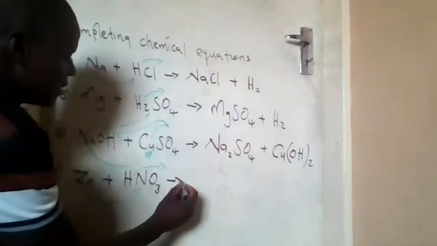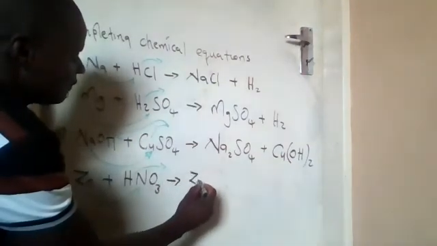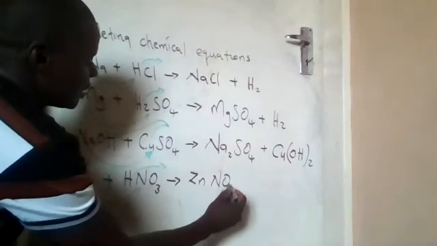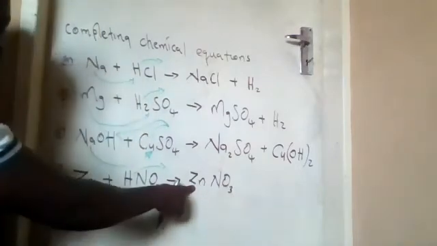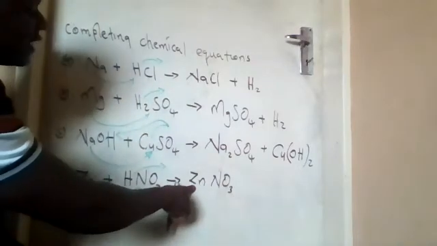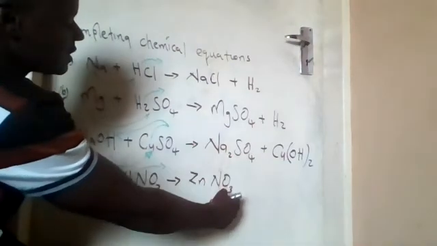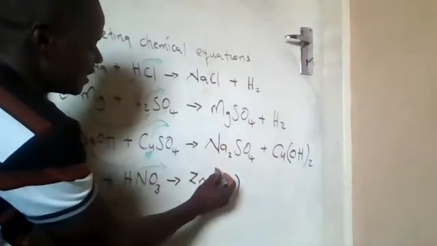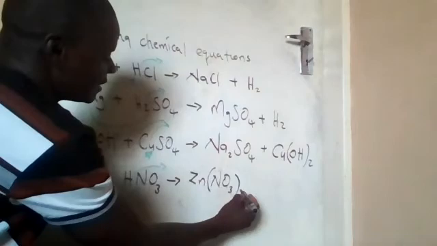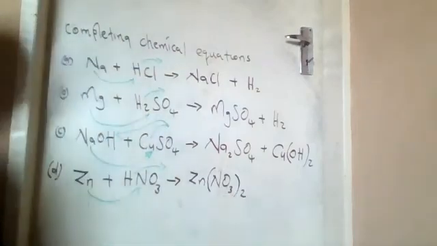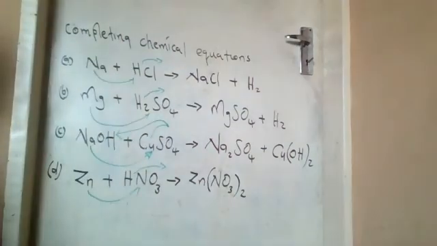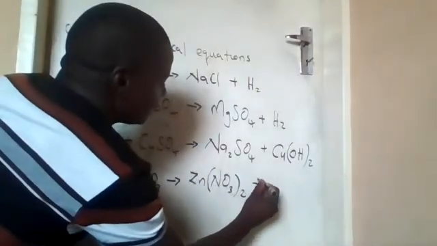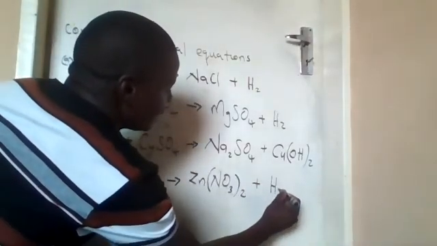So what happens here is we're going to have zinc nitrate. But this zinc has a valence of 2, so that valence of 2 will be written as a subscript, but there's already a 3. So to avoid accidents, I'm going to put a 2 like that. So that's how I can write zinc nitrate, and then hydrogen is produced as the gas.